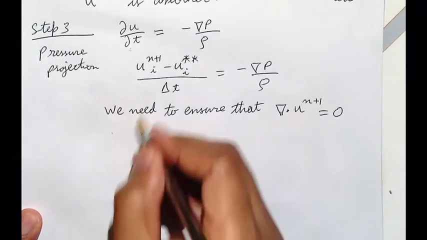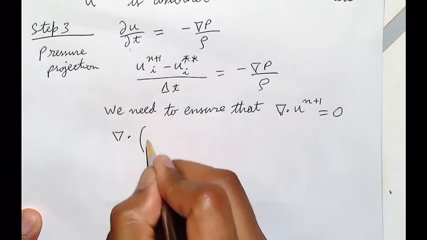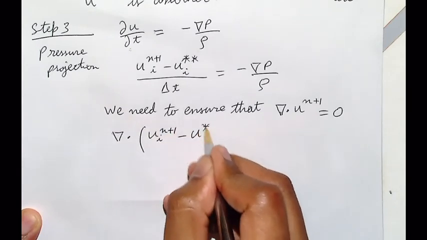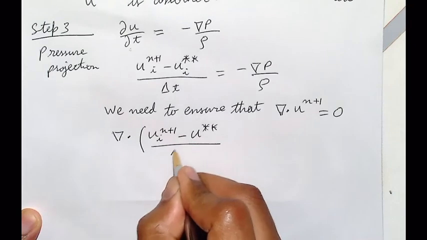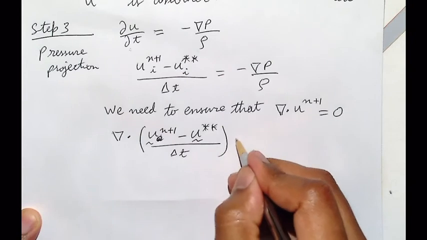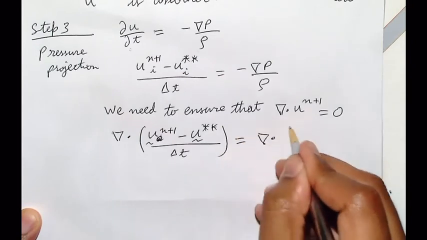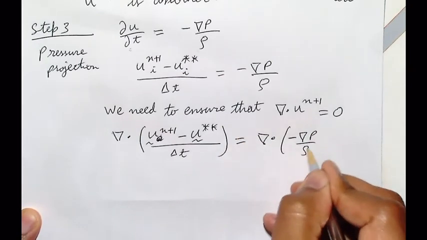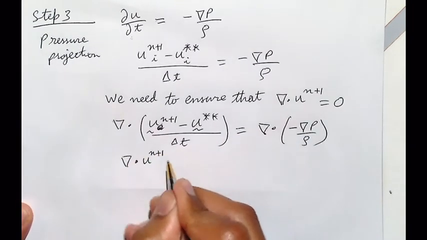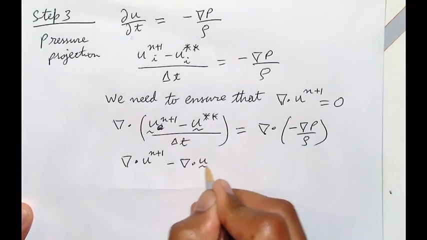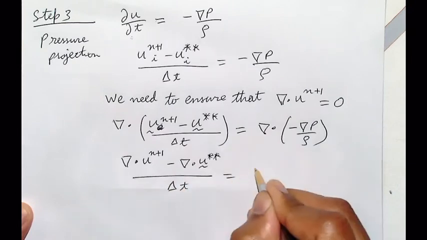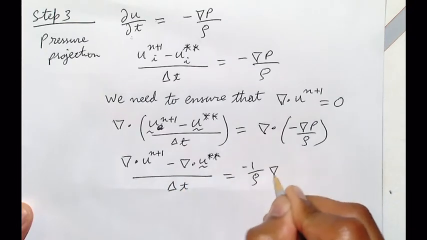So, if we take the divergence of the full thing, u n+1 minus u star star over delta t, let me just replace the i with a vector, equal nabla dot minus nabla p over rho. Okay, now we have something we can use. We have minus nabla dot u star star over delta t equal minus 1 over rho nabla squared p.